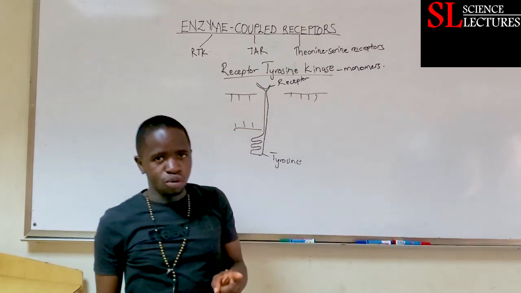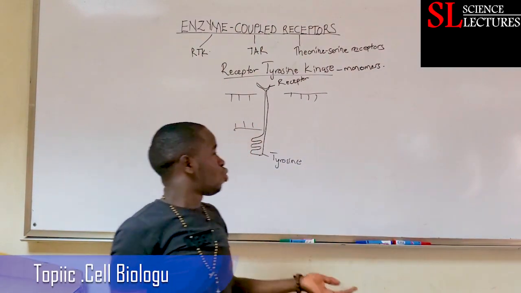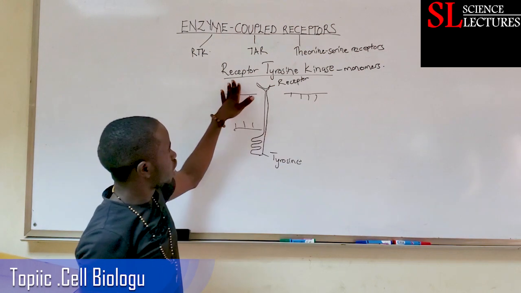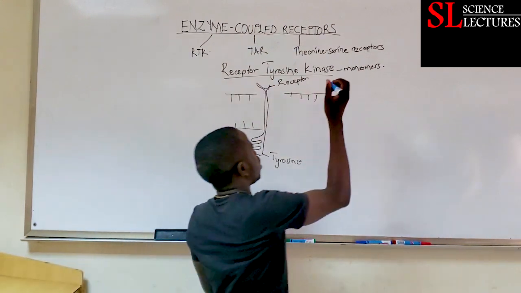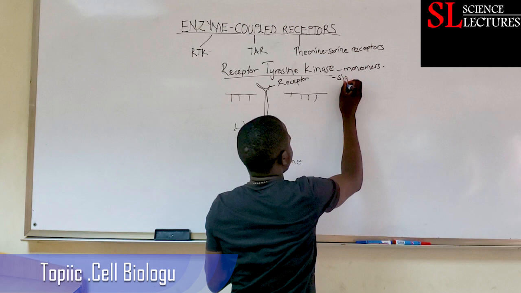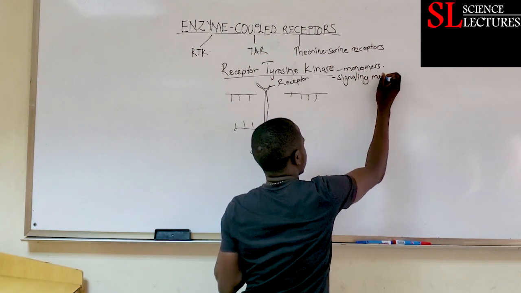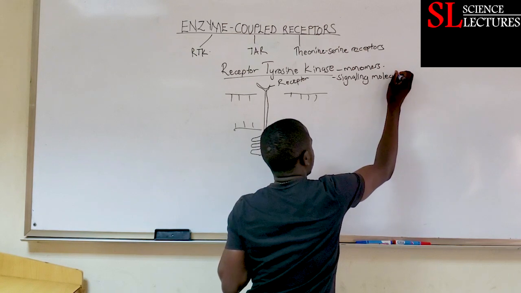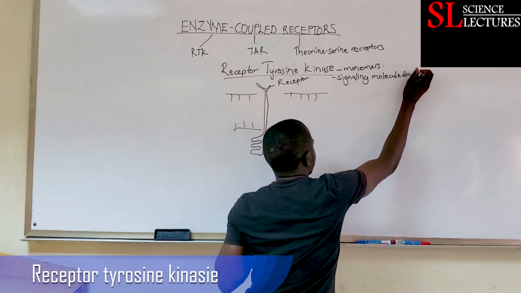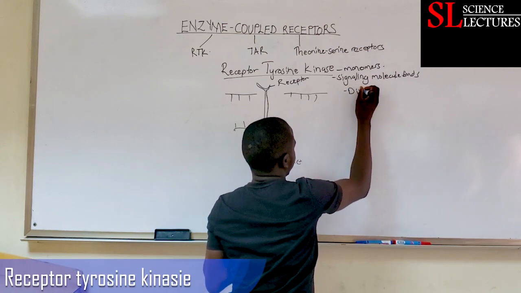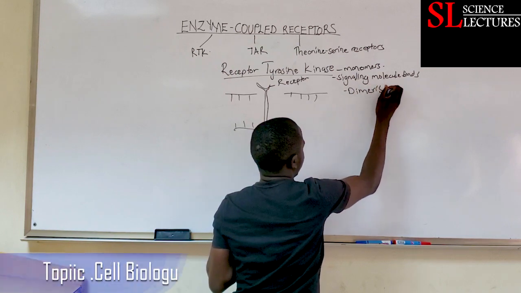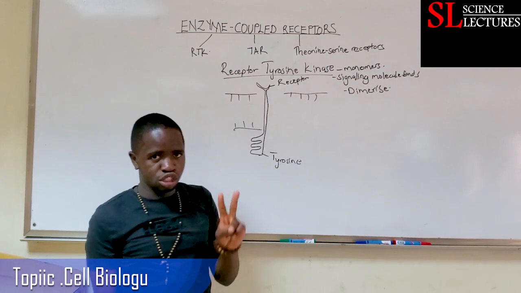And this receptor tyrosine kinase usually exists as one within the cell membrane, what we call monomers. Mono means one. However, these receptors are very special, in that whenever the signaling molecule binds, they dimerize. Di means two.